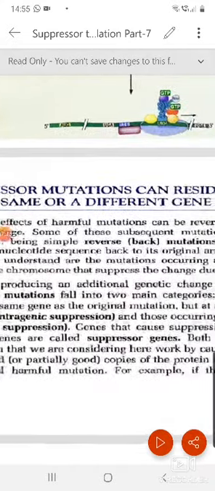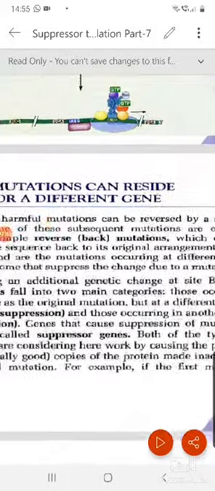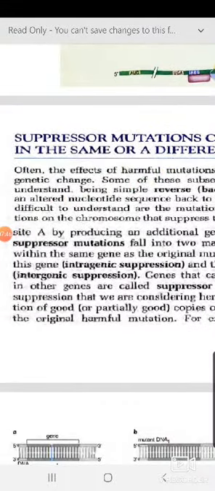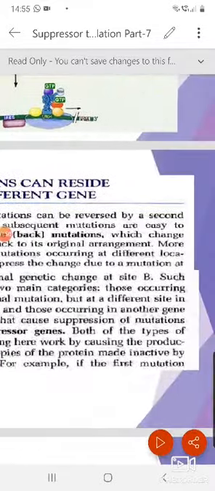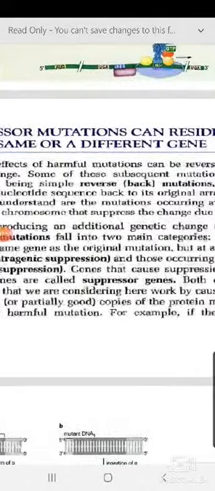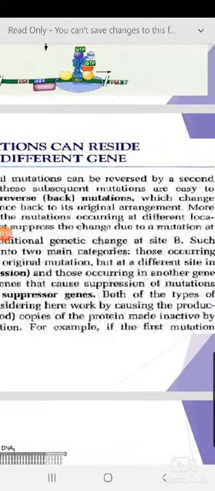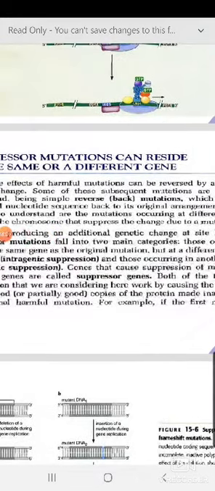Some of these subsequent mutations are easy to understand, being simple reverse or back mutations which change an altered nucleotide sequence back to its original arrangement. If there is an alteration, we say there is a mutation, and if somehow that mutation is rectified, we say it's a back mutation. In some cases, there's a missense mutation.